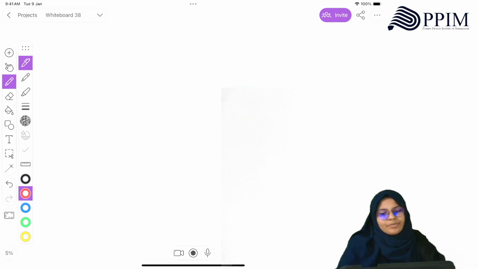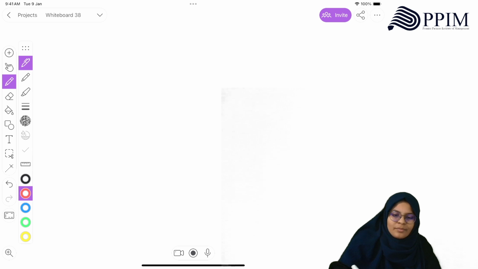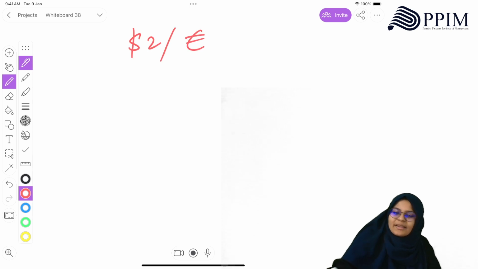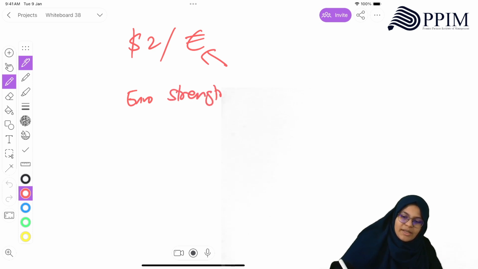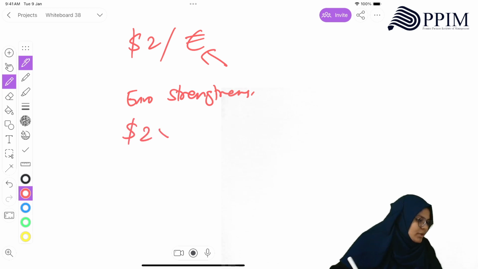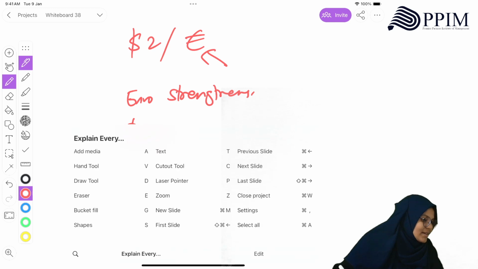Right, so currently it's like this, but now what's going to happen? Euro is going to strengthen, right? So euro strengthens, meaning now with 1 euro I will get more dollars. So how much more? 2 into an extra 20%, right?